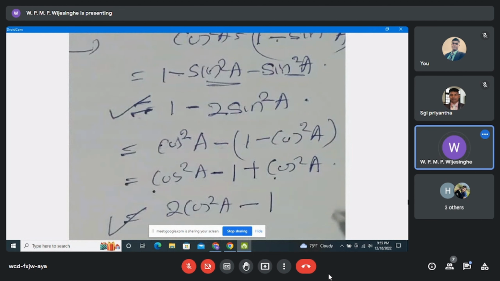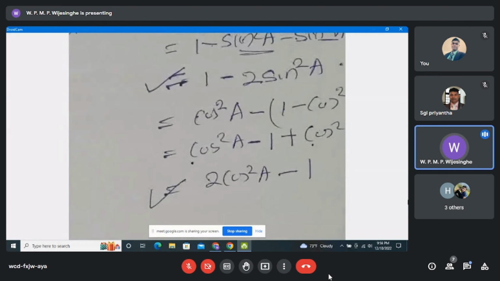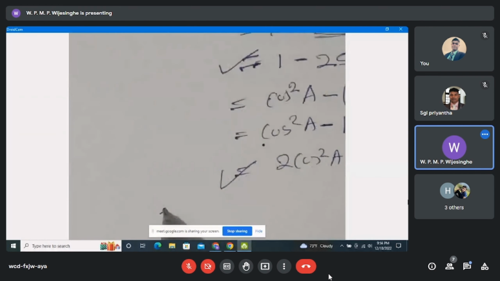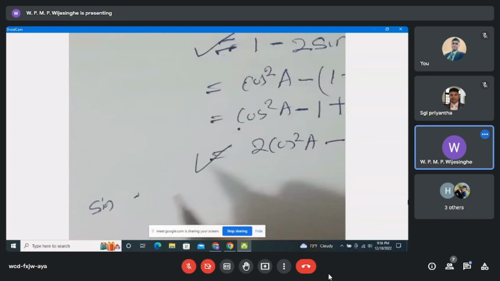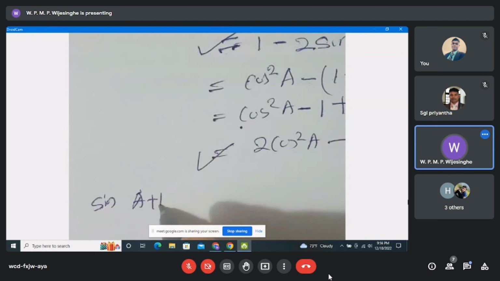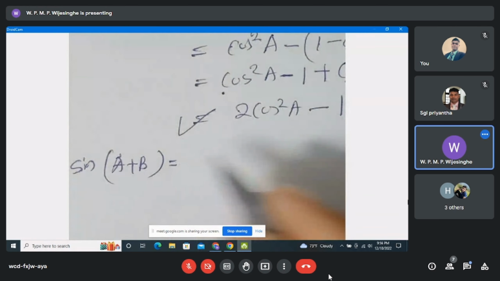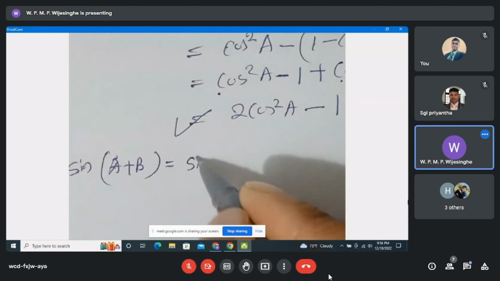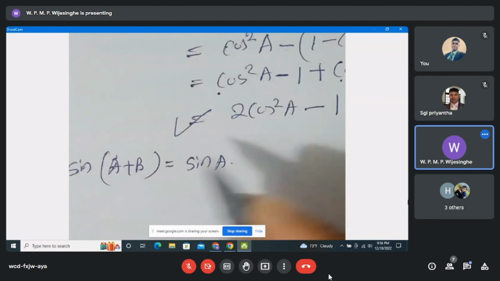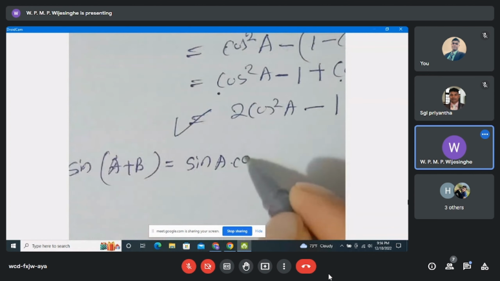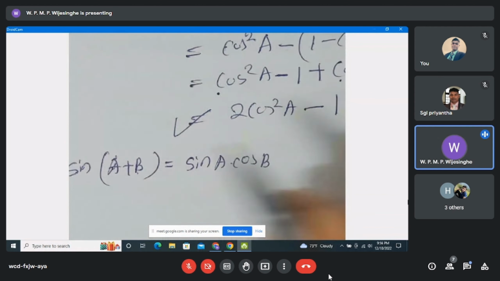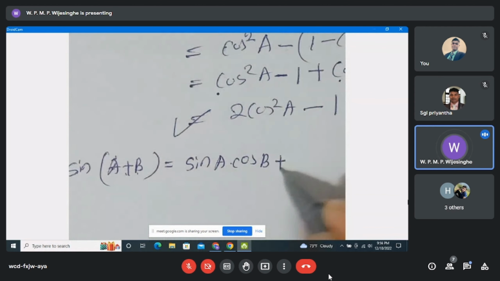Okay, here let's summarize what we have learned so far. Right? First one, I think you can remember sin A plus B. We can expand this, right? First sin, first angle A, second cos B. If it is plus, then it is plus.